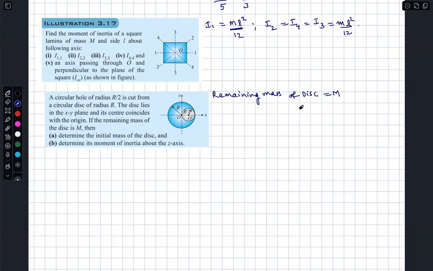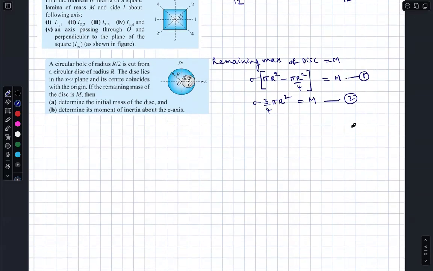for my convenience, I will write this as sigma times, where sigma refers to mass per unit area, pi r square minus pi r square by 4 is equal to M. Sigma times 3 by 4 pi r square is equal to capital M. That is the mass of the remaining disk.